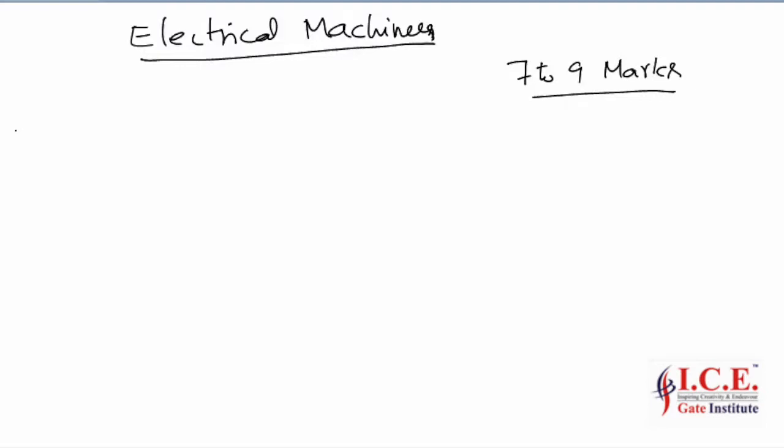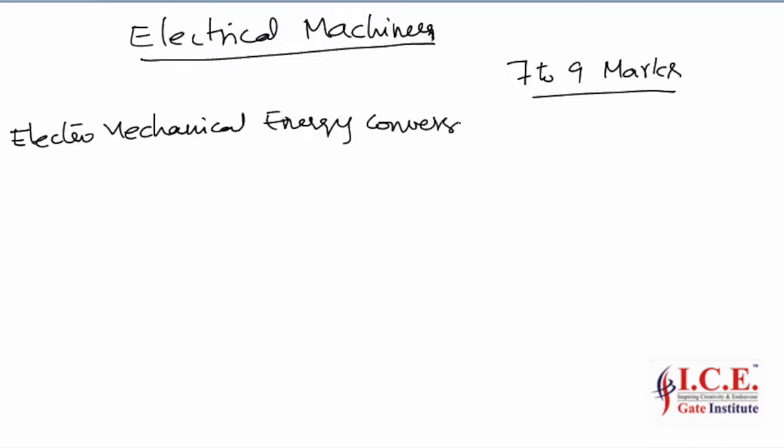The electrical machine is an electromechanical energy conversion device which performs two operations.